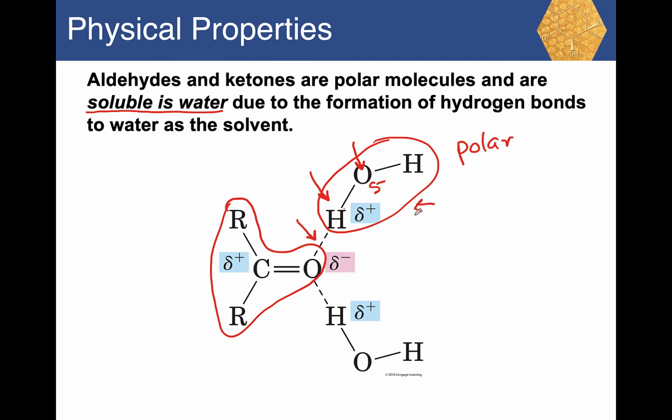I say tend to be because it depends on the R group back here. If it's pretty large, it's not as soluble, but if it's pretty small, such as CH3 here and a CH3 here, which would make it acetone, of course, as we know, acetone is very soluble in water.